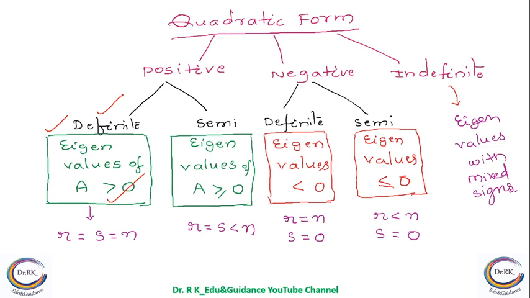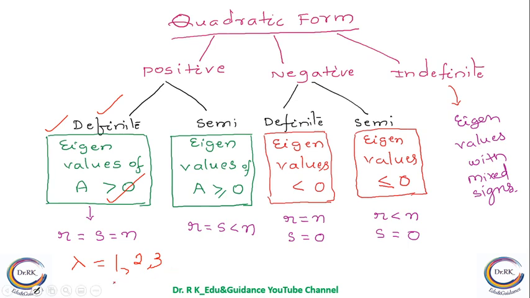Suppose the eigenvalues are lambda equal to 1, 2, 3. All 3 eigenvalues are positive. Therefore, we say it is positive definite.